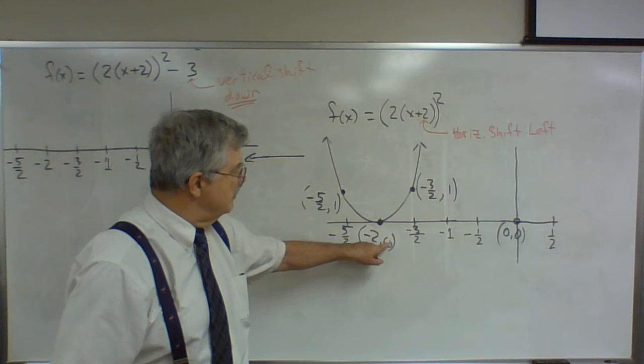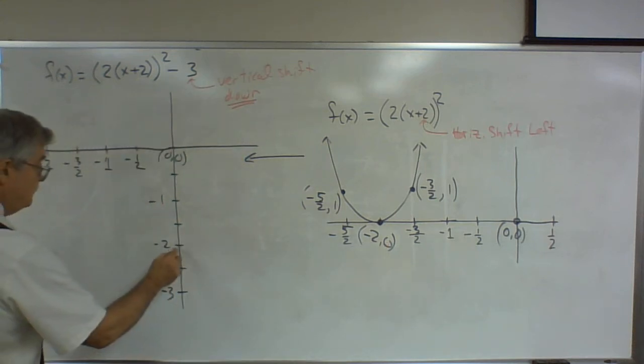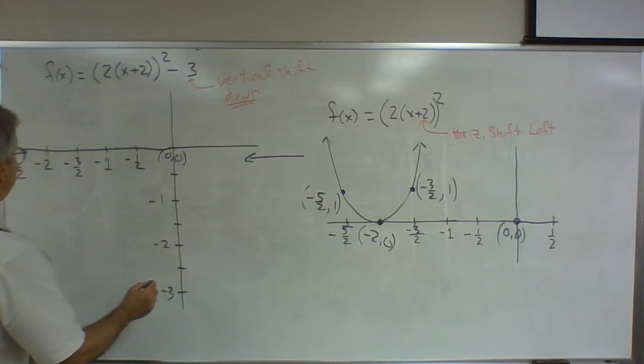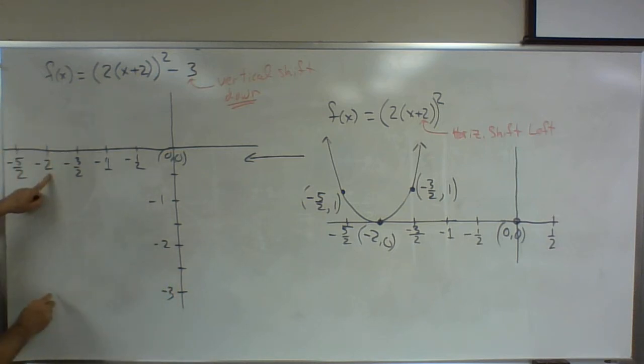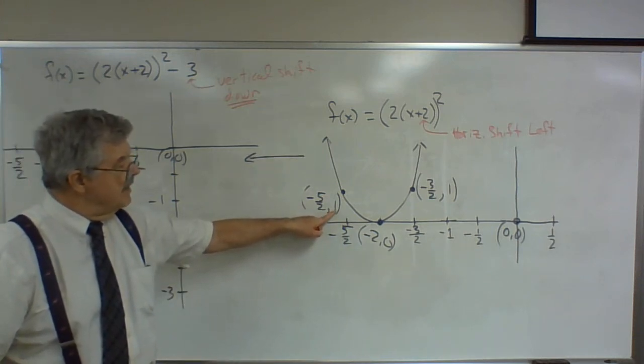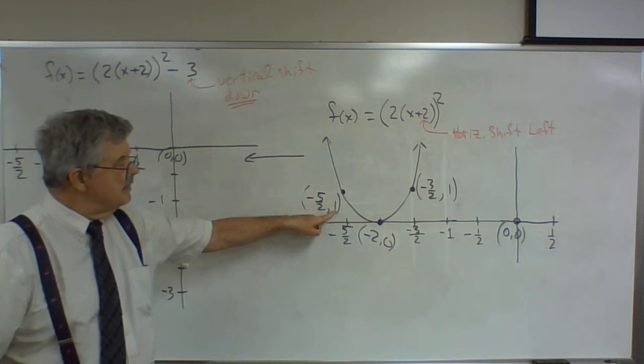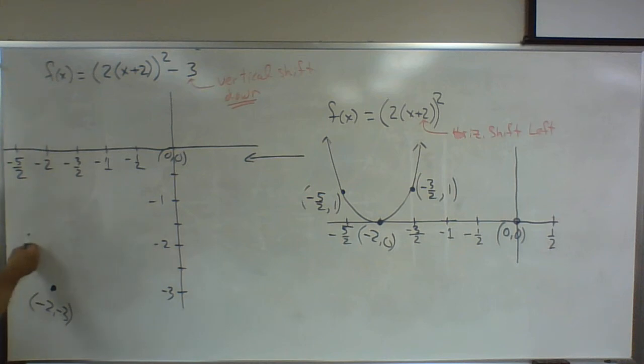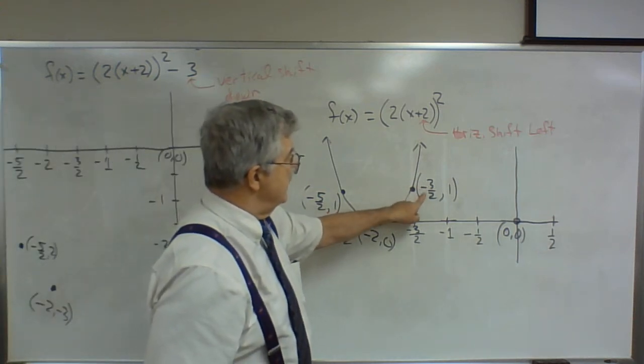Subtract 3 from this point, the y coordinate, I get -2. Nope. I get -2x, -3y. Son of a gun. I take this point and I subtract 3 from the y coordinate, so that puts me at y equal 2. X equal -5/2, y equal 2. And I do the same with this point, -3/2 x.